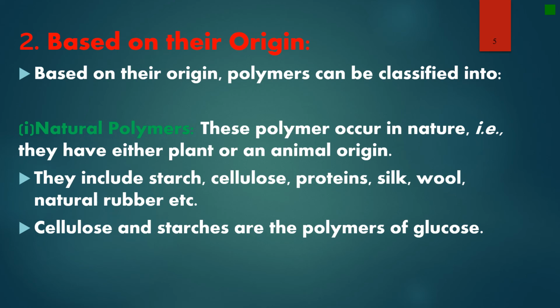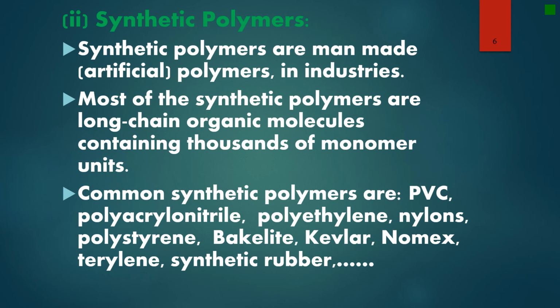We have so many others. Cellulose and starch are polymers of glucose, and they are a type of condensation polymers. Synthetic polymers are artificially made in industries or in the laboratory by human beings. Most synthetic polymers are long-chain organic molecules containing thousands of monomers joined together artificially.